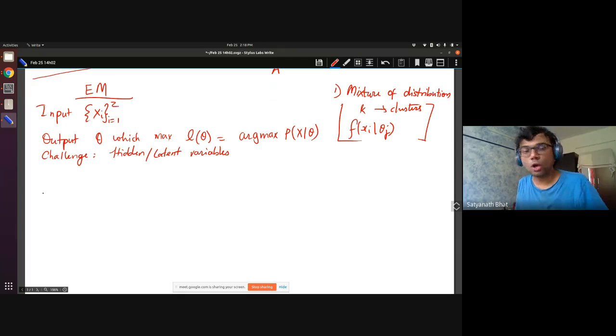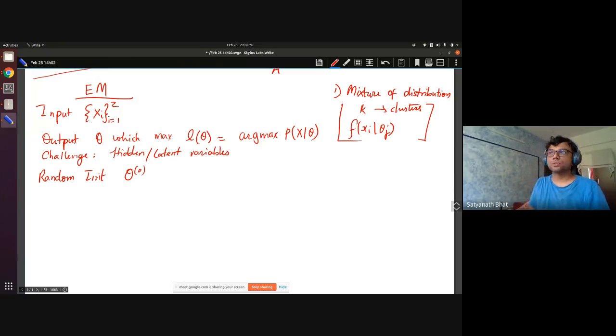And then what you are doing is very similar to what happens in k-means. First, random initialization of theta 0. This is randomly chosen. Then you repeat till convergence.